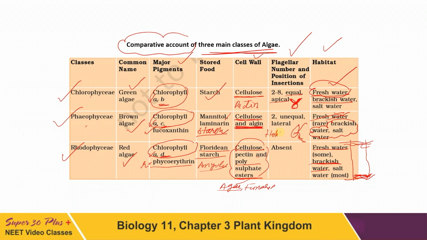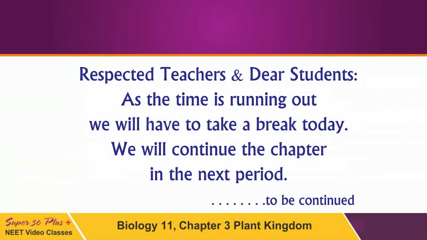Do you remember the term heterocont? And you have to remember that in Rhodophyceae, motile structures are completely absent. There are no flagella in asexual spores or in gametes. Can you remember this comparative account? So, my dear children, this is part 2.